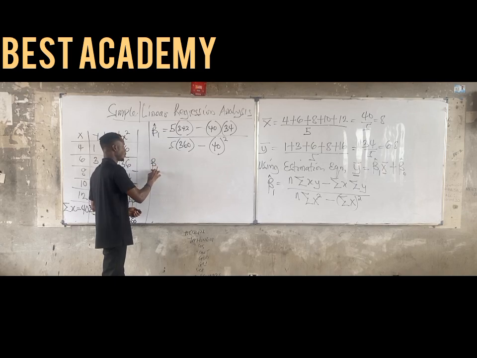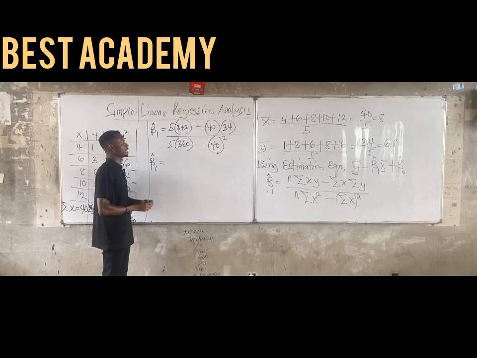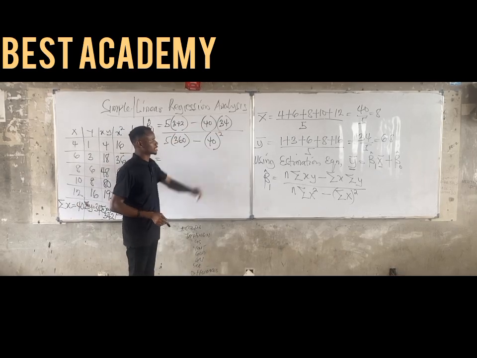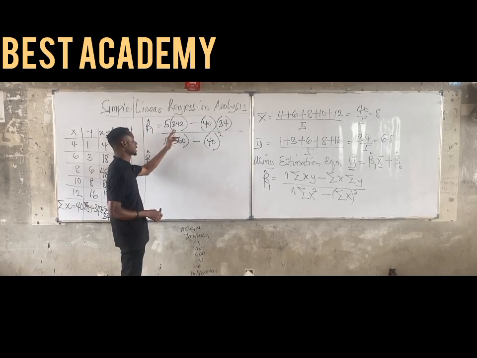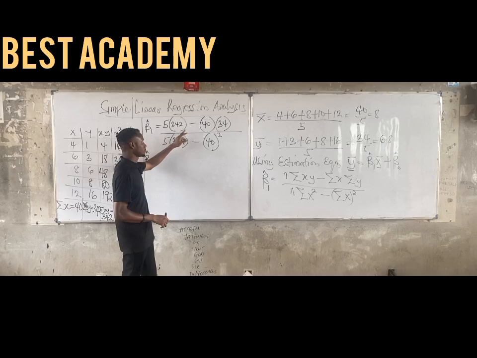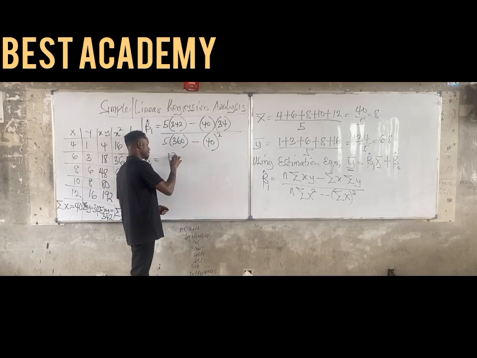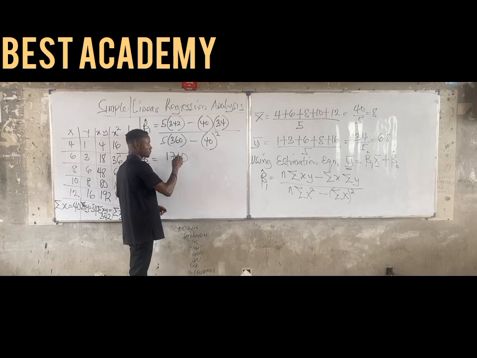That is beta 1 hat will be equal to, let's get the numerator first. This times this minus 40 times 34. What is the answer? This times this times this minus 40 times this. 1710 like this.